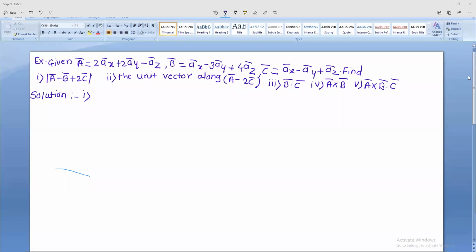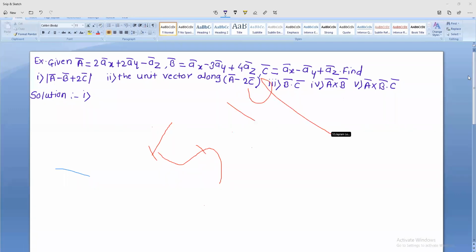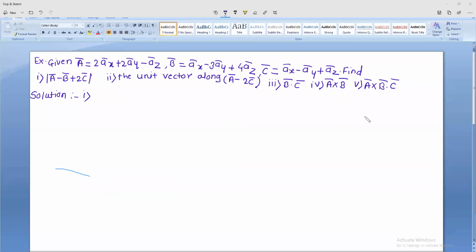Square root of 20? 27. Okay. Yes, 5.19. Right. Okay. Others, please check. I'm solving now.